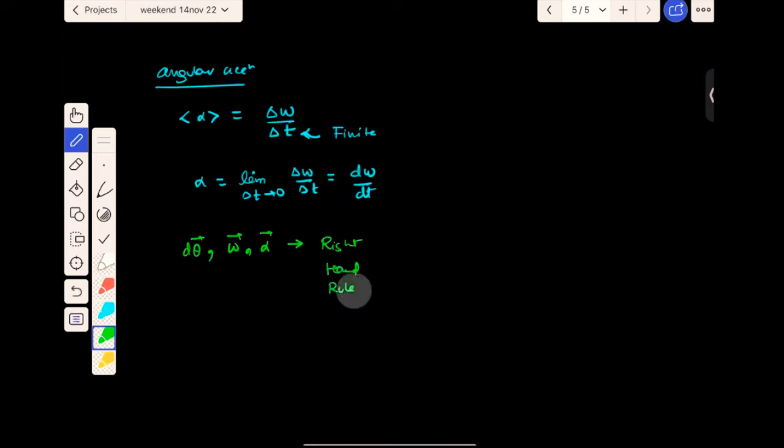You curl your fingers in the sense of rotation. In doing so, whichever way the right hand thumb points, that will be the direction of that vector. The sense in which we curl the fingers is the sense of rotation. So that we have seen already, I don't need to explain that again.